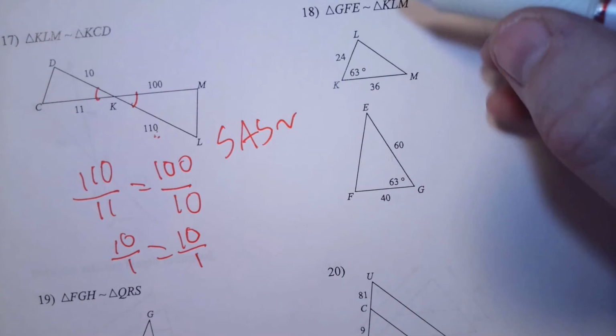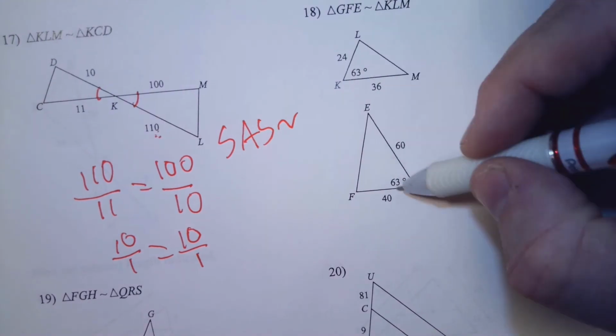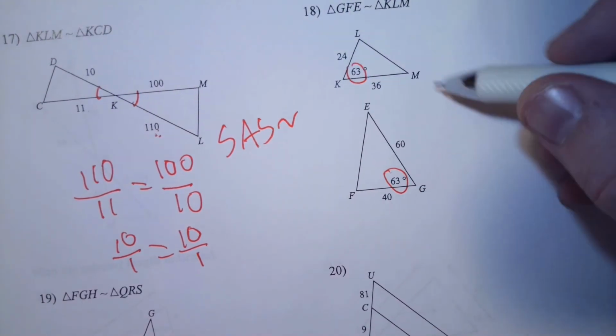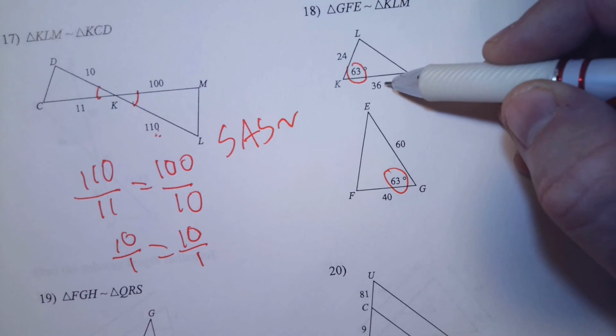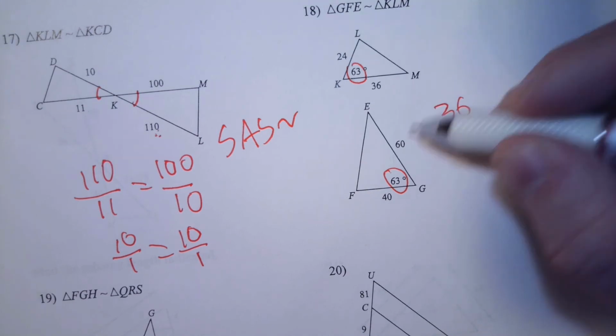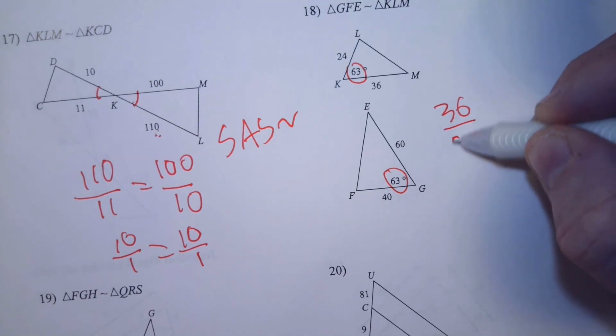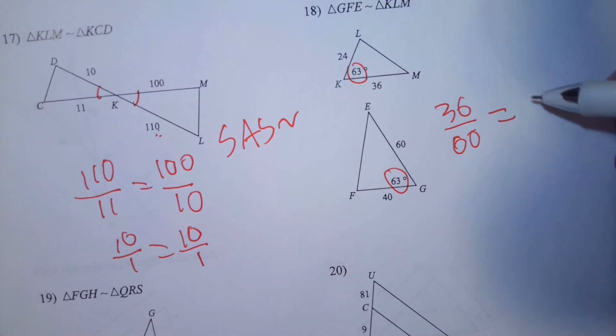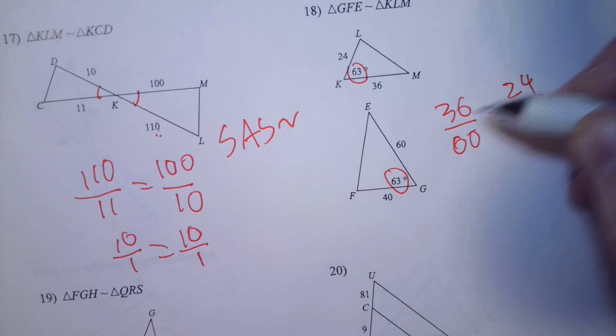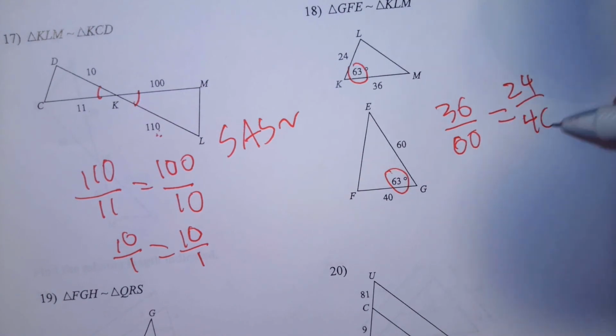Okay, next one. We got an angle. We got an angle. That matches. So I got my angle. Now I need to do big, 36, with big, 60. Small, 24, small, 40.